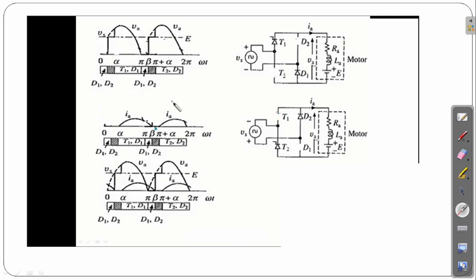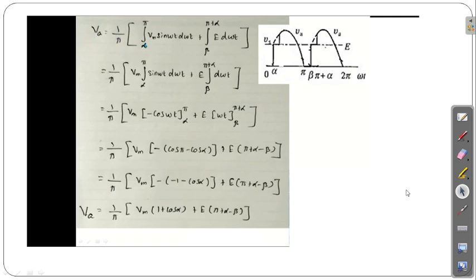This is the voltage and current waveform mixed with the sine waveform. For that we will have the equation. See, there are two limits: alpha to pi, and then a region where there is no power, no voltage in the circuit, then beta to pi plus alpha. So we will see that equation.